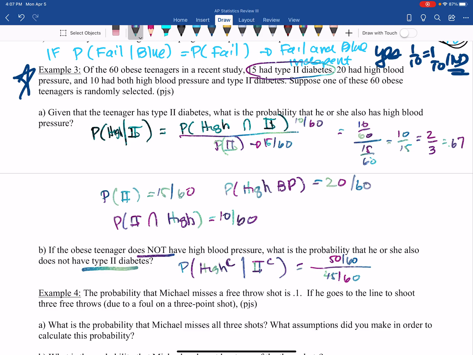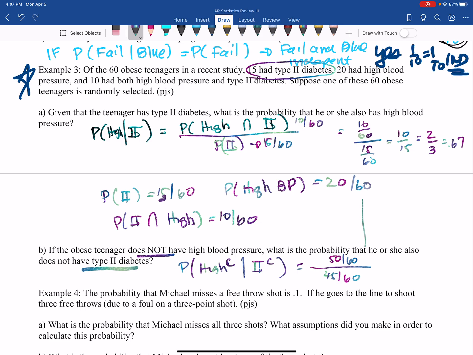Okay, and so let's make a chart, because obviously this is going to be too high, so that's not going to work. This is the complement of those that completely don't have type 2, so these are mixed in with those that have type 2 and those that do not have both.